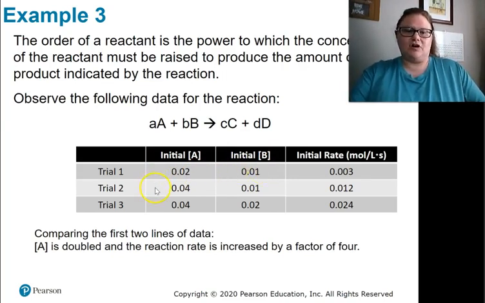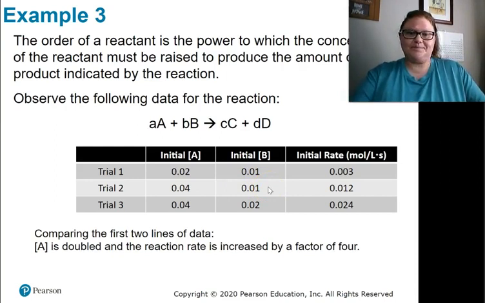Then in the second experiment, we doubled our concentration of A, so we're starting at 0.04, and our B didn't change. We kept the concentration of B the same. In the third experiment, we kept A the same at 0.04, but we changed our concentration of B to 0.02.